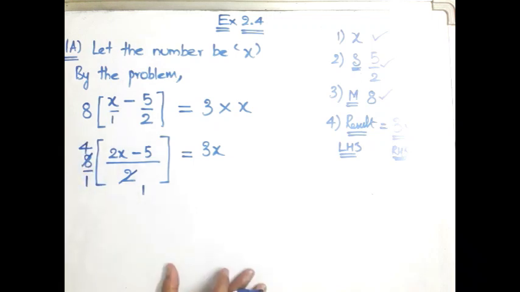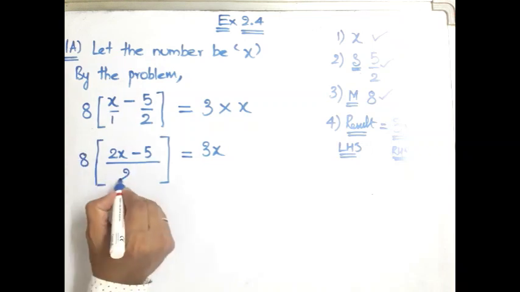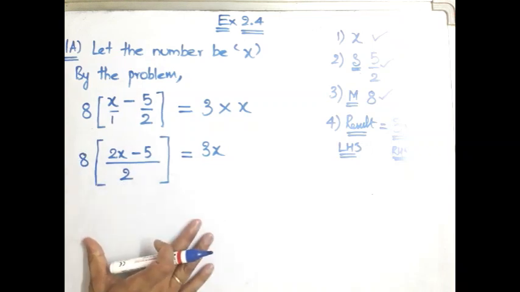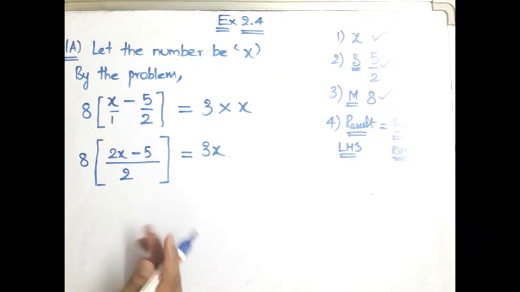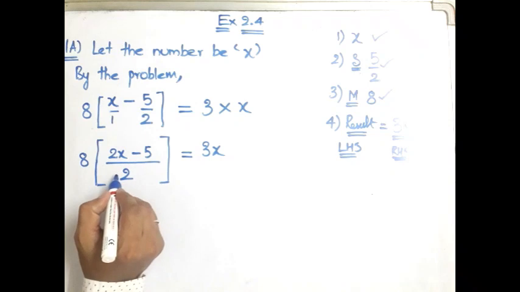If you feel any kind of confusion at this part, let us do it in the traditional method. So I am leaving this 8 as it is and the denominator 2 as it is. Now look. This 2 is in division.